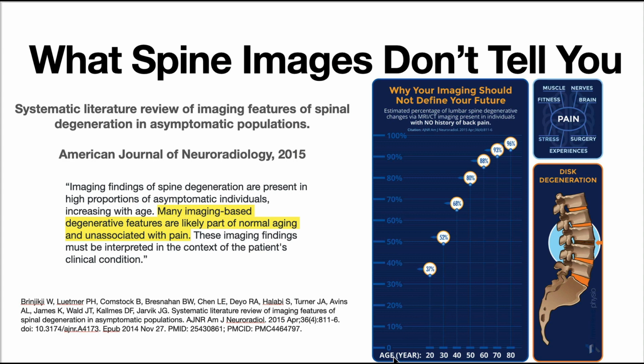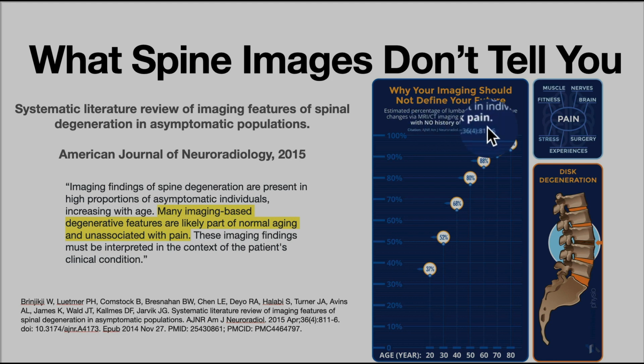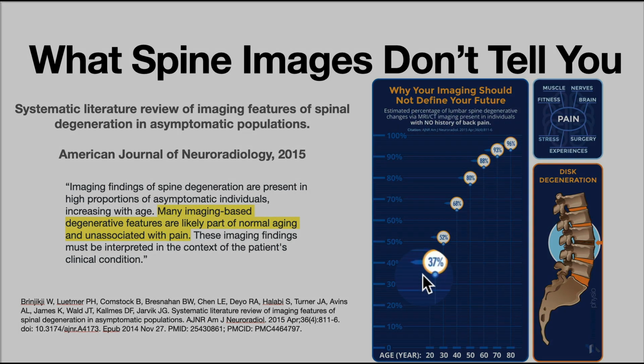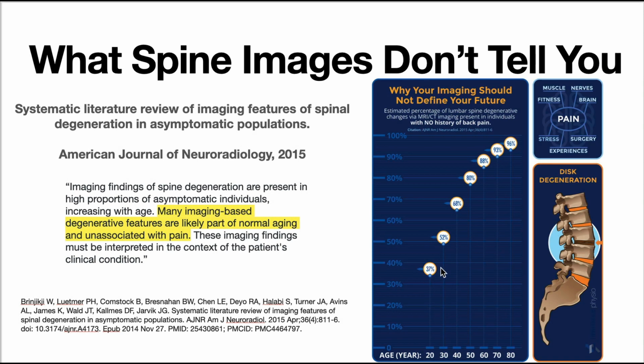Here we have age down here, and we have the percentage of degenerative changes that are occurring with no history of back pain. When you're in your 20s, 30% of the population have changes on their X-rays or MRIs, but these people have no back pain.